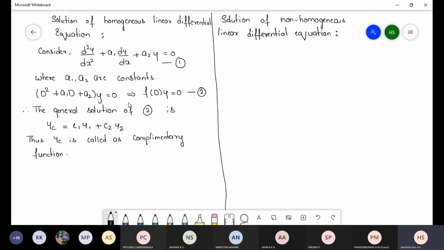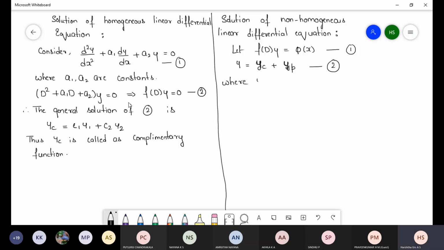So here also, let non-homogeneous mean f of D y is equal to phi of x. Call this one equation 1. The general solution we write as y is equal to yc plus yp. Call this one equation 2.